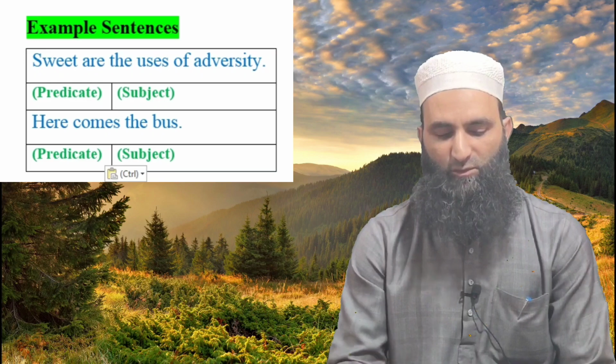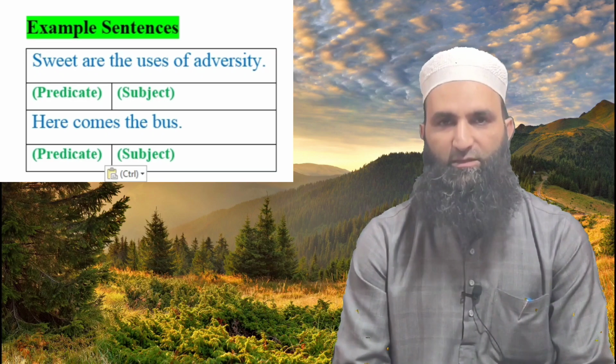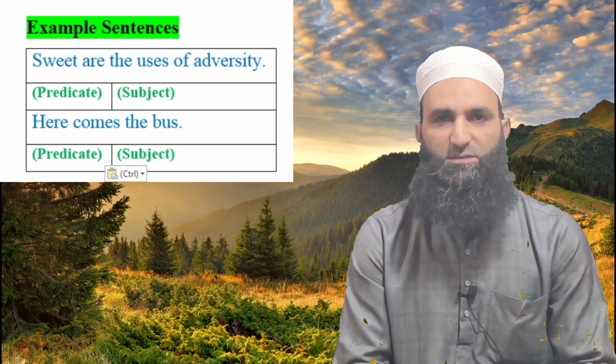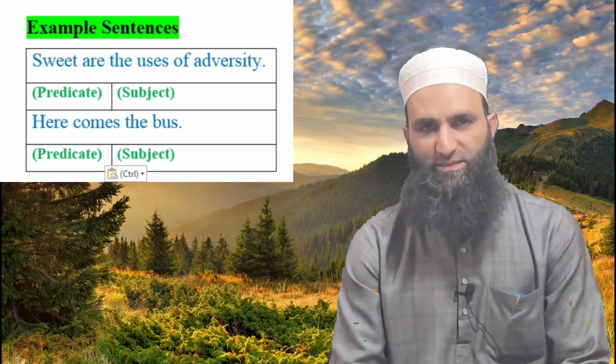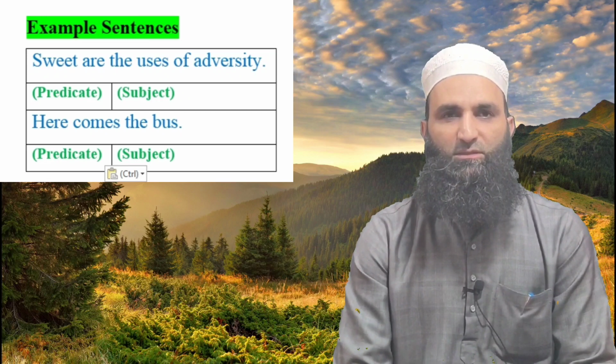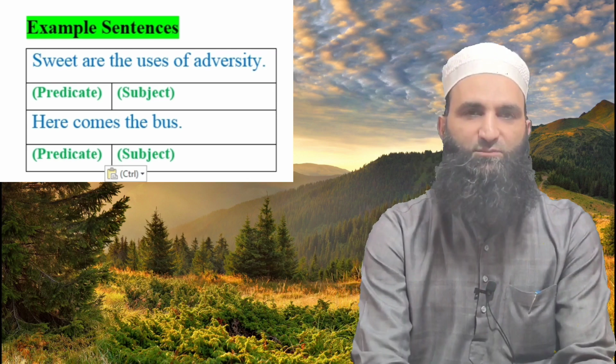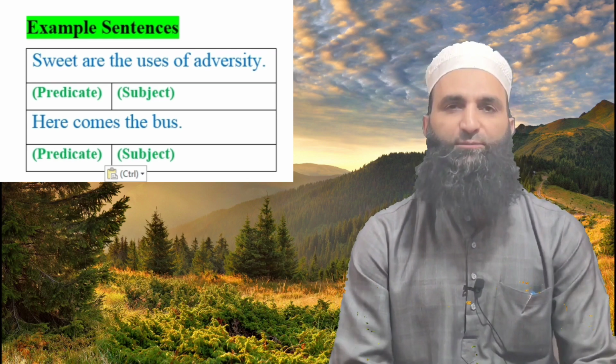So in the uses of adversity and the bus in the second sentence, you can very easily understand that in these two English sentences, the subject has been deferred to the second place, while the predicate has been brought to the front. Though here it may seem a little bit confusing, the things will become clearer as we go further, inshallah.